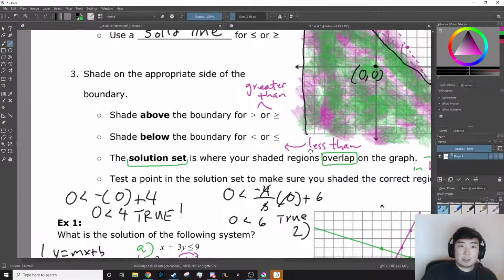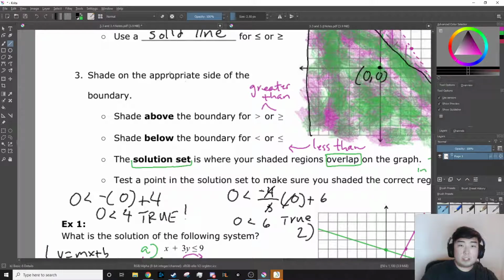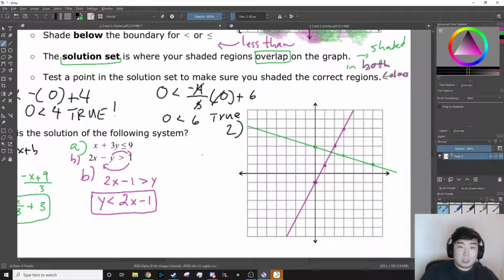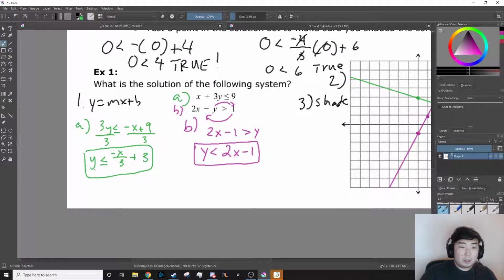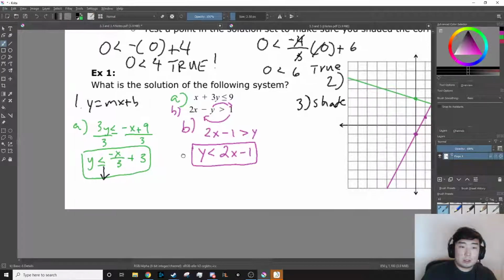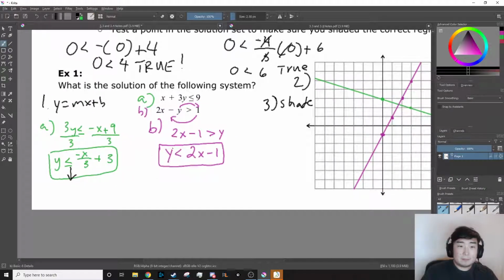And step 3, shade the appropriate sides of the boundaries. So since my inequality is facing towards the x side, or to the right, this means y is less than. So I need to shade downwards. Y is less than 2x minus 1. I will also shade downwards.